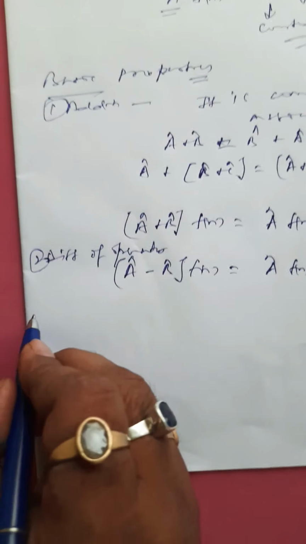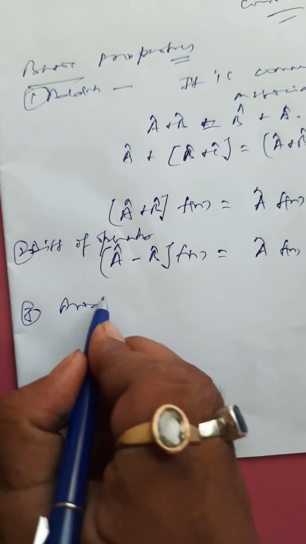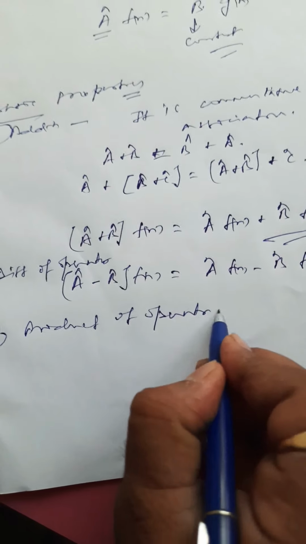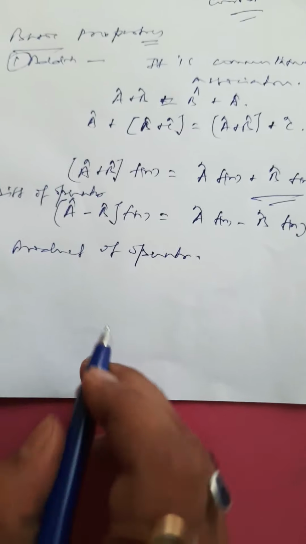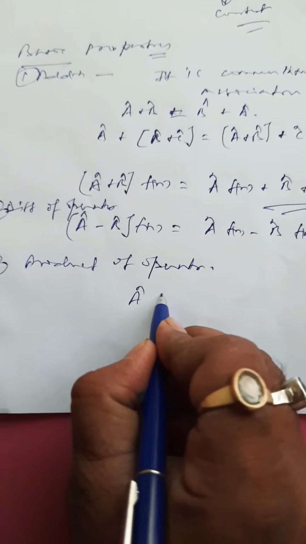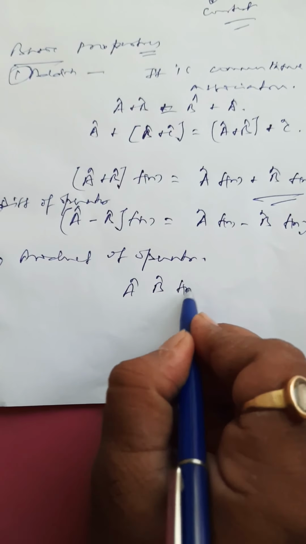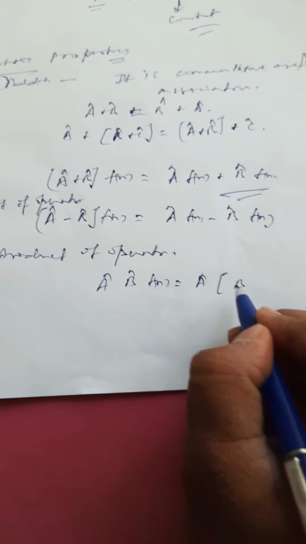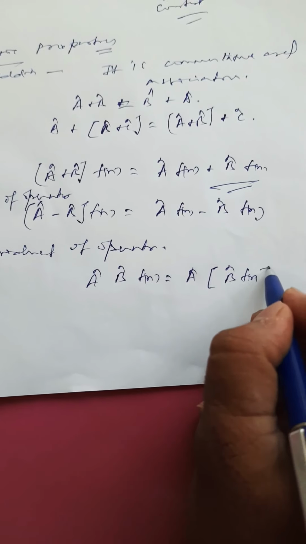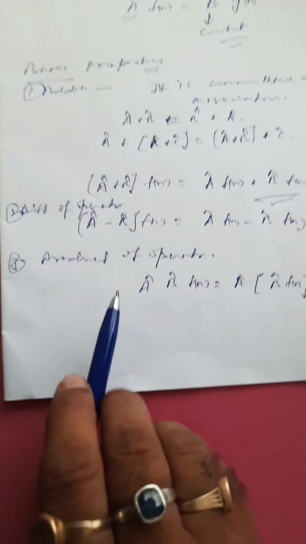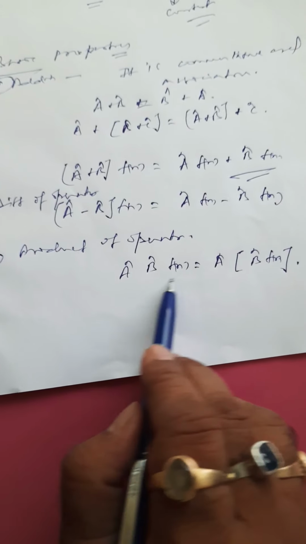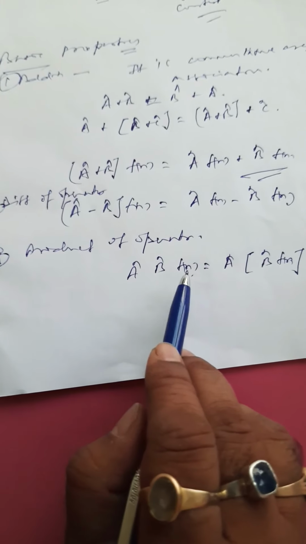Again, the product of operators. If A cap and B cap are two operators, then A cap B cap f(x) is equal to A cap operating on B cap f(x). Here operator B is operating first on the function f(x), and then A is operating on the resulting function.